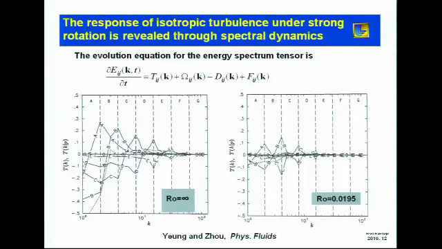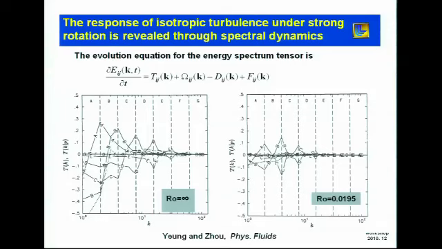Now, one other thing you can do is look at the so-called spectrum dynamics of these kinds of flows. You can construct the energy transfer equation in terms of vectors.